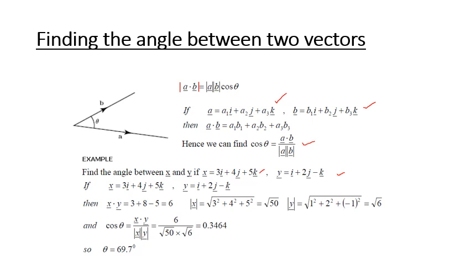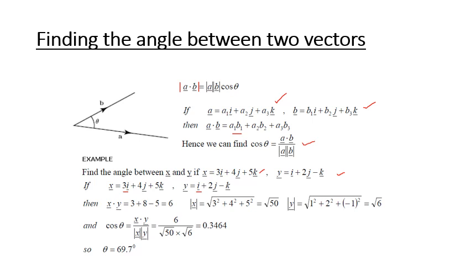As I told you, a dot b equals a1 b1, the product of the i components. What is a1 b1 here? 3i is your first component along the x-axis, and in the y vector this is also the x component along the x-axis.